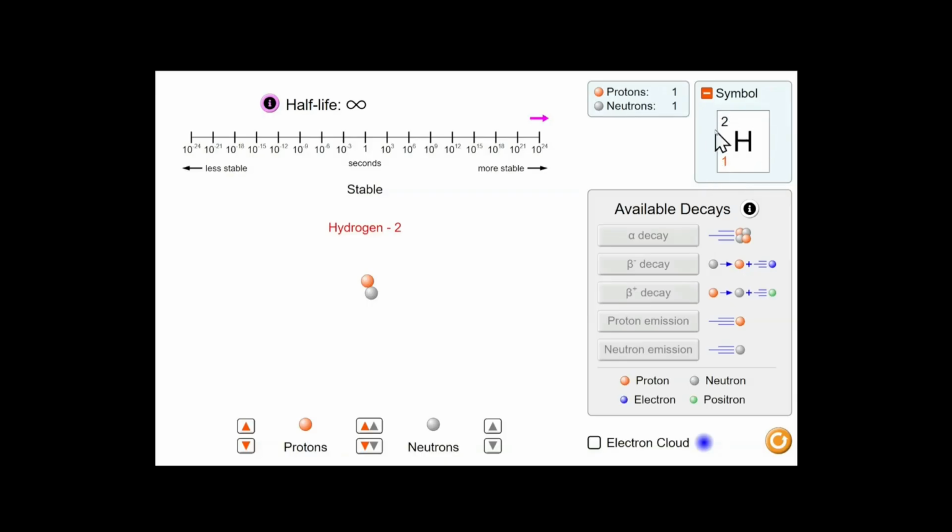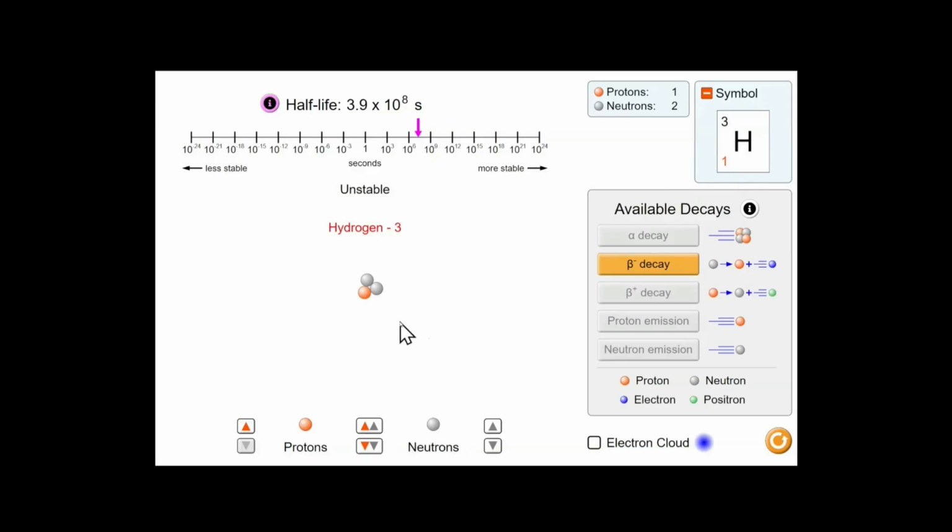So this is the number of nucleons in that nucleus. If we add another one, and this would be tritium, 2 neutrons, 1 proton. So it has a nuclear mass number of 3. It still has 1 proton.